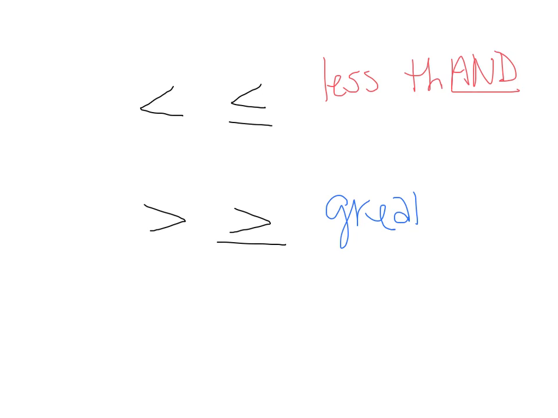So I like to say less thAND to help you remember that that's what it looks like normally. And for greater, it looked like an or compound inequality. So I'd like to say greatOR to help you remember this basic idea.